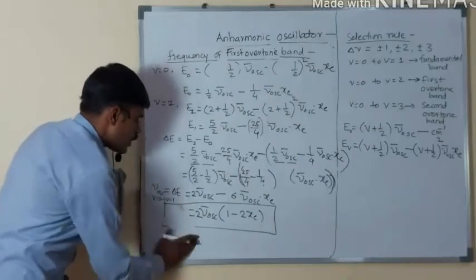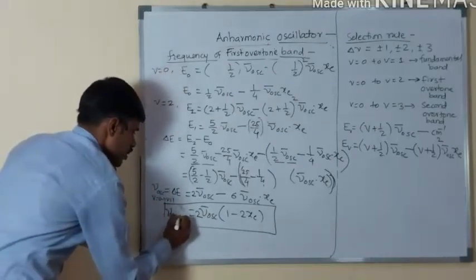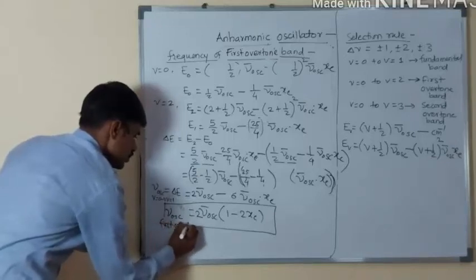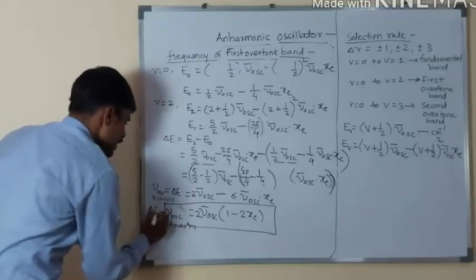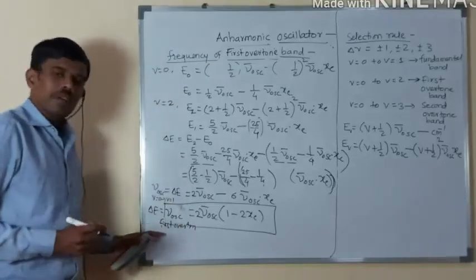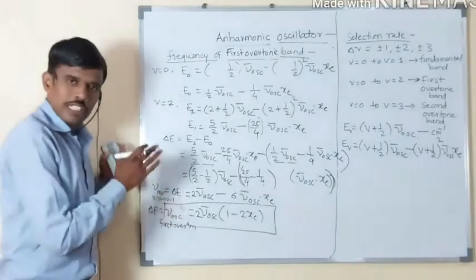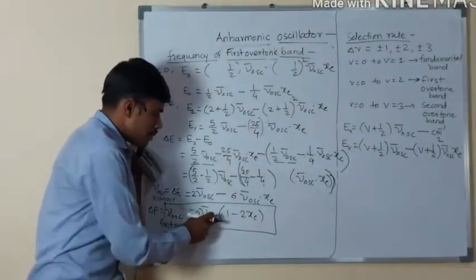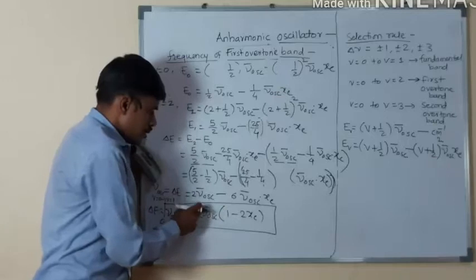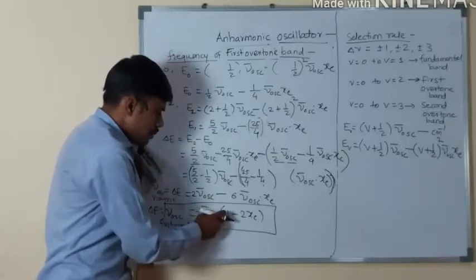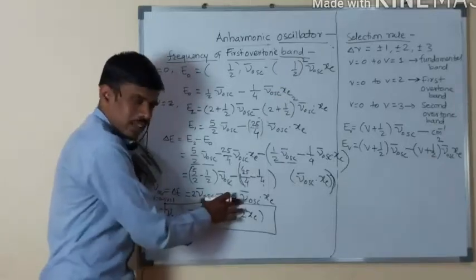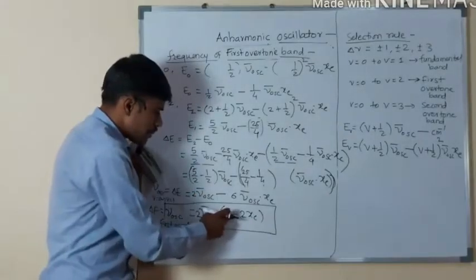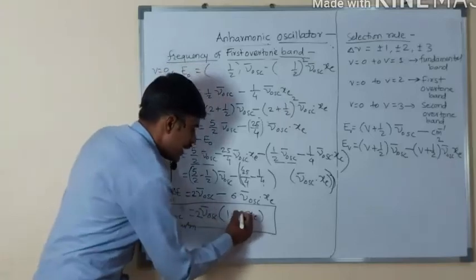So the frequency of oscillation, or the energy difference, for the first overtone band is equal to 2 ν̄ of oscillation. If you have taken 2 ν̄ of oscillation common, then the remaining is 1 minus 3 Xc.